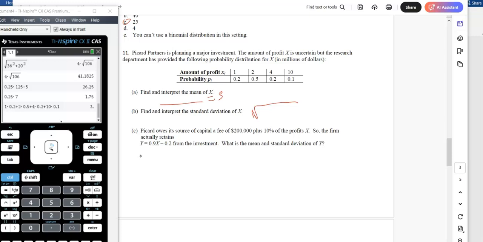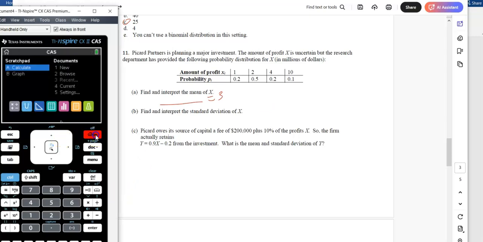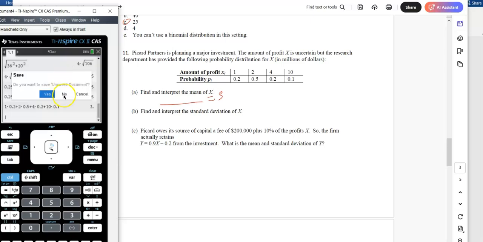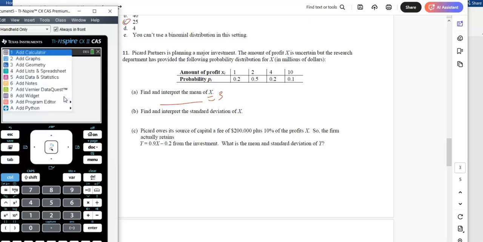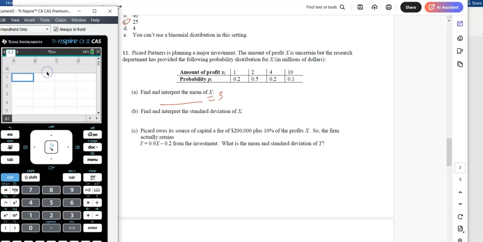you know what? Why do it by hand when you can use your calculator? So go to a new document. This is profit. This is prob. 1, 2, 4, 10. 0.2, 0.5, 0.2, 0.1.